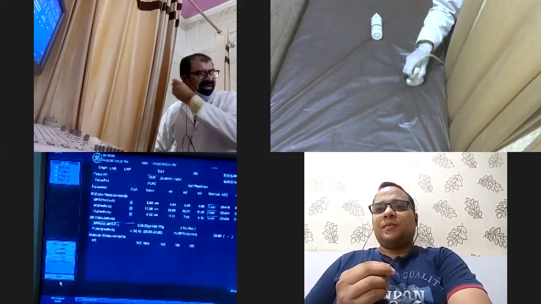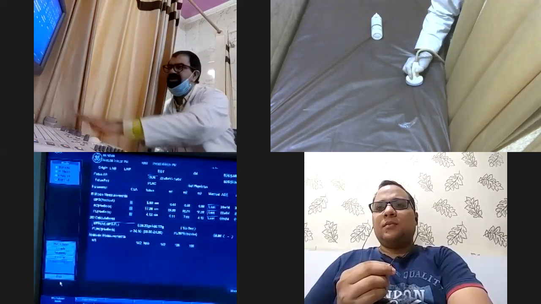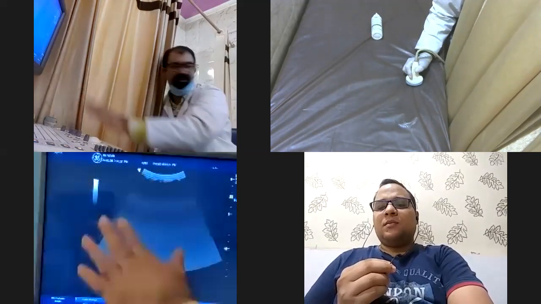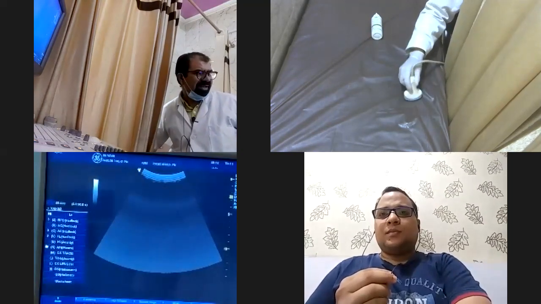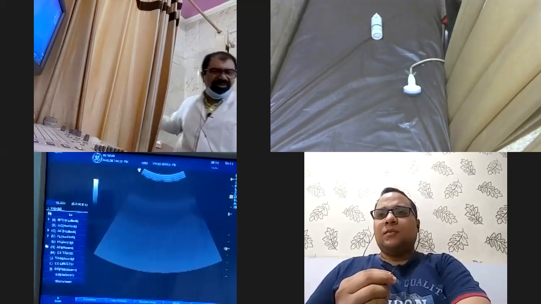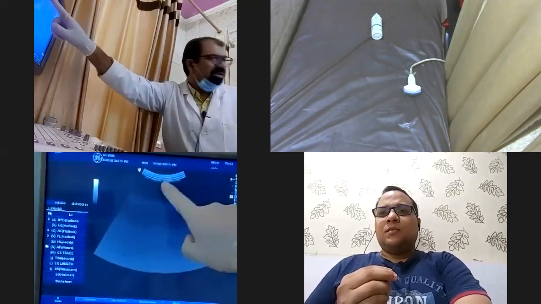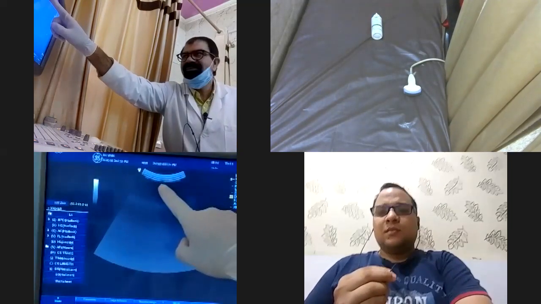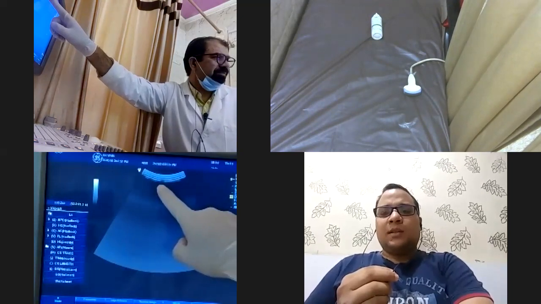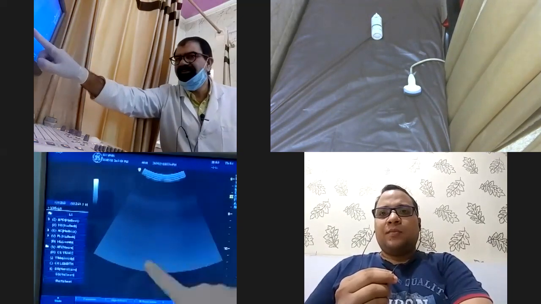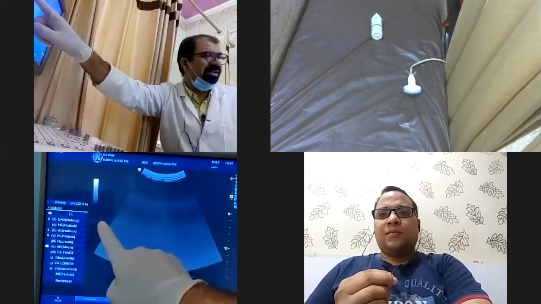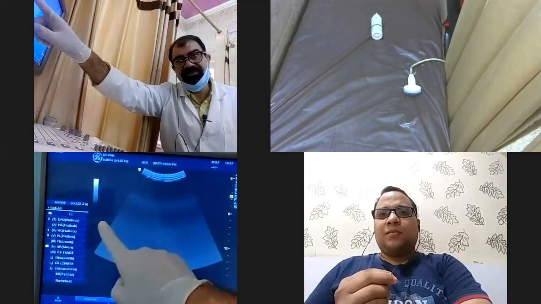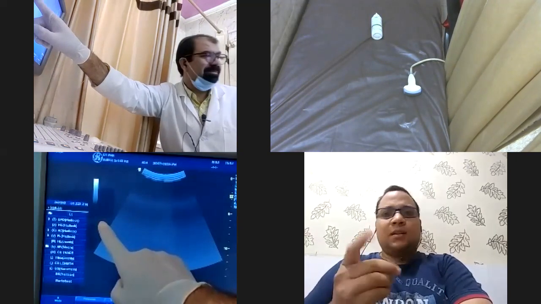Now in the transverse section, see the monitor over here. This is the monitor, right? Now when I have put the probe on the patient like this, let me leave the probe now. Is this anterior? Yes. Is this posterior? Yes. Is this right? Is this left?